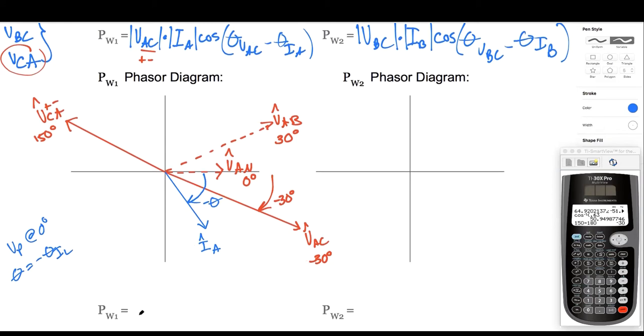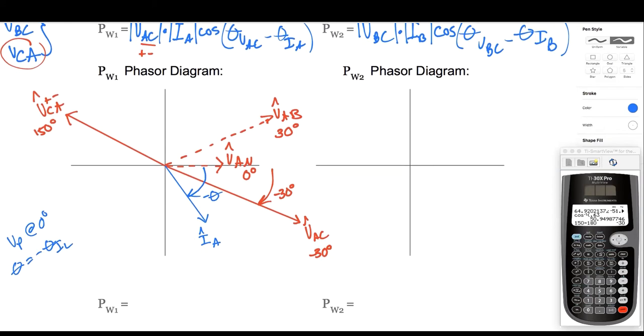So let's start with just the magnitudes, right? Really easy so far. We've still got magnitude VAC times magnitude IA times cosine, all right, theta VAC. What's theta VAC? Minus 30, great. Okay, what's next?